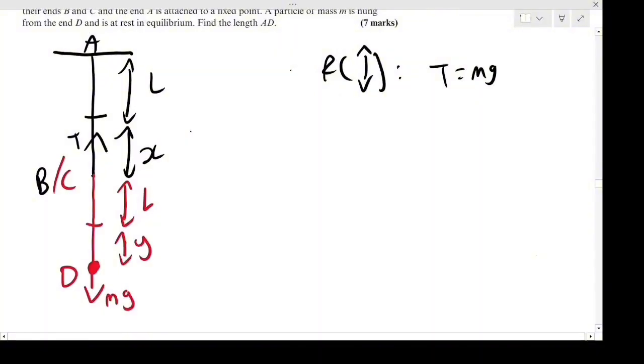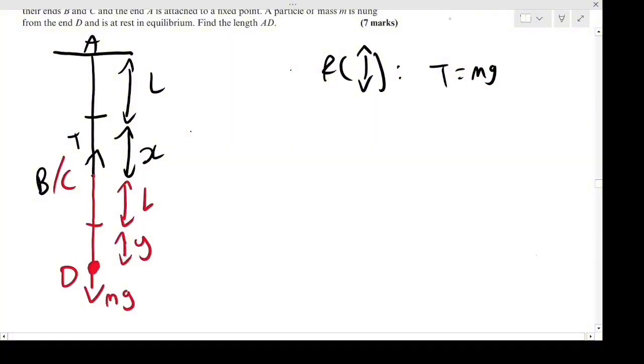So there we are. Now we're just going to be using our formula. We already know that the tension in both of them is mg. It's because they act as one, because the particle isn't splitting them in the middle.